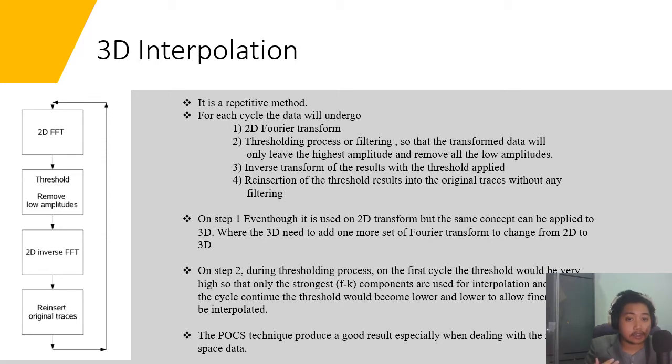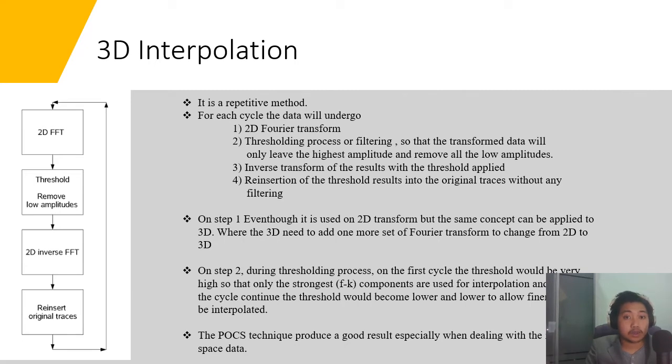And then the third step, we will inverse transform the result that we get from the threshold. And the last one, we will reinsert the inverse-transformed thresholded result into the original trace that has no filtering.